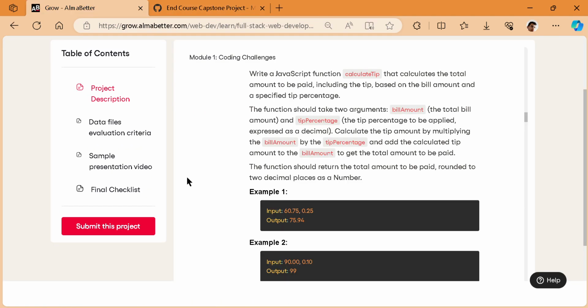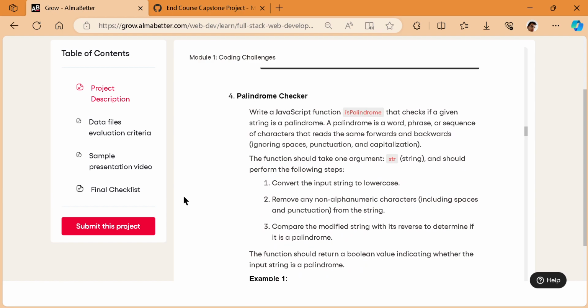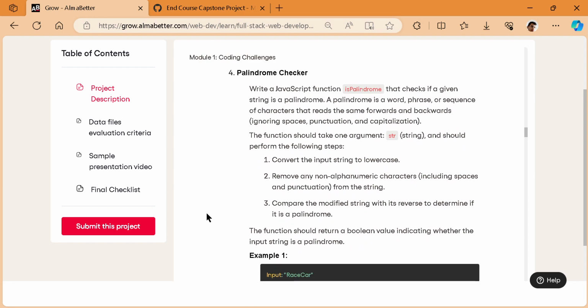Now coming to the next question. Palindrome checker. Write a JavaScript function isPalindrome that checks if a given string is a palindrome. A palindrome is a word, phrase or sequence of characters that reads the same forwards and backwards. We know what a palindrome is.